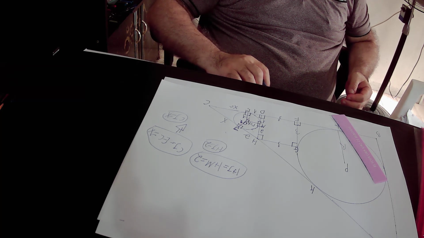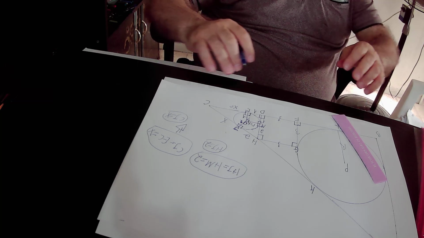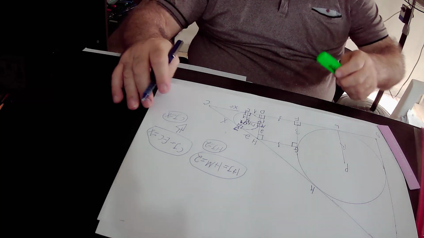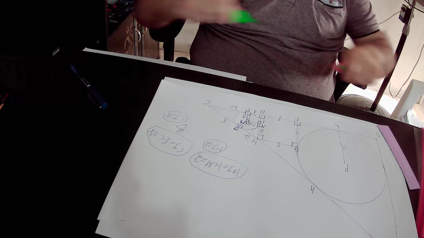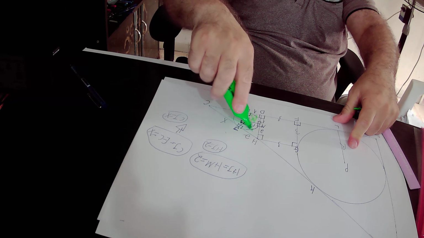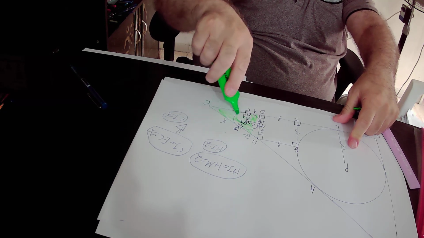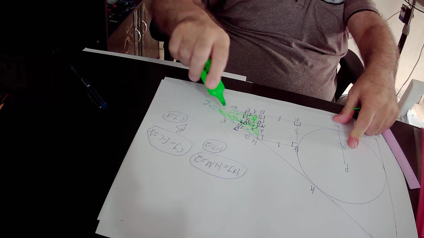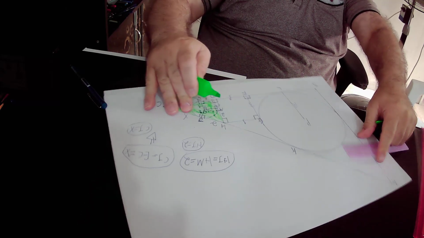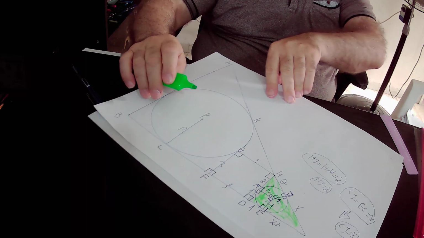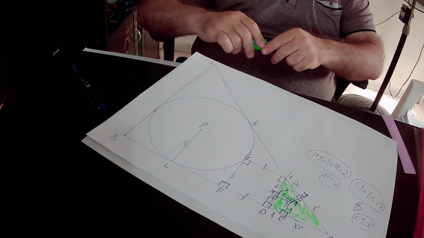In the next step, we will implement the Pythagoras theorem in the right green triangle, triangle HDC.